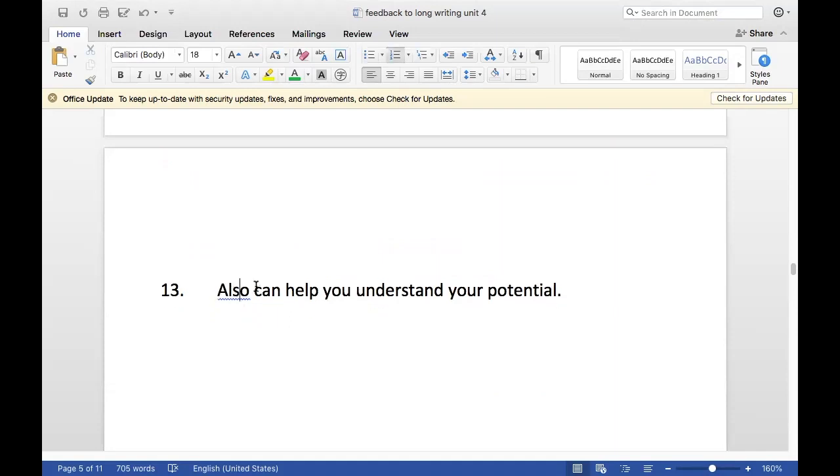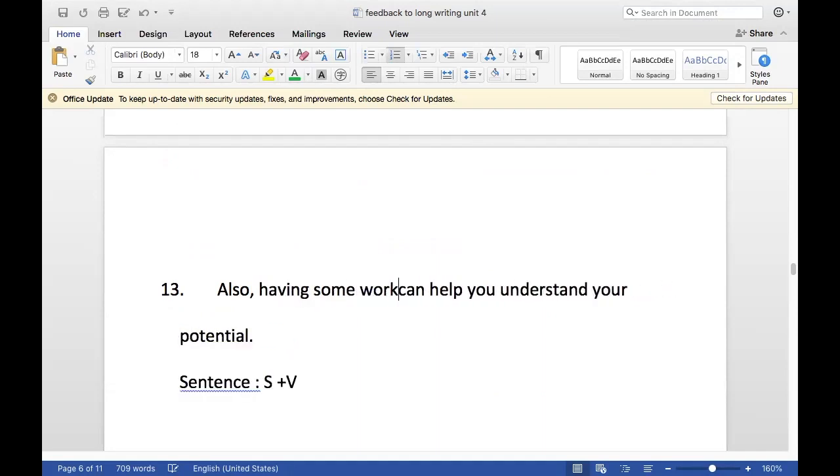13, also can help you understand your potential. A sentence is always, when it is a clause, okay, there is always a subject, okay? No subject here. What can help you? Maybe you mean having some work experience can help you, okay?